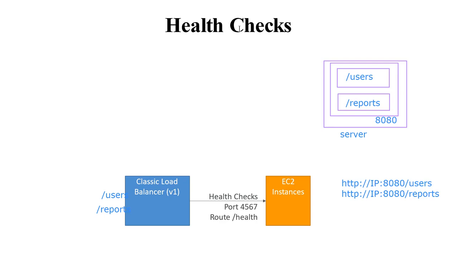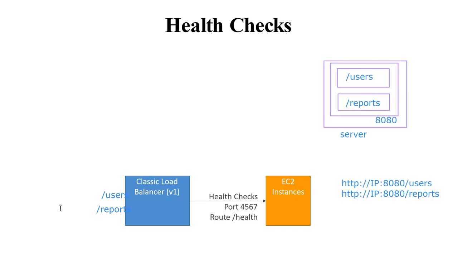This is one of the important concepts. Whenever you are configuring the load balancer, can I use one load balancer for multiple applications? One is the users application, second is the reports application. Can I use the same load balancer, or do I need different load balancers for each application?